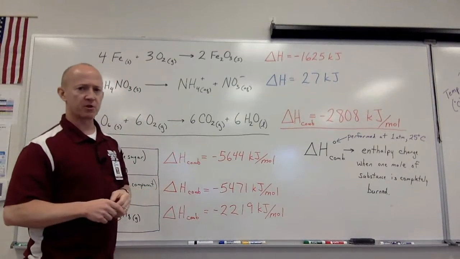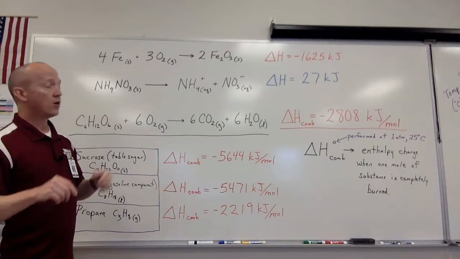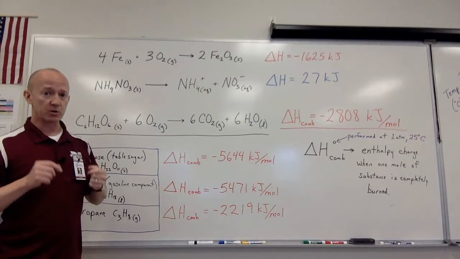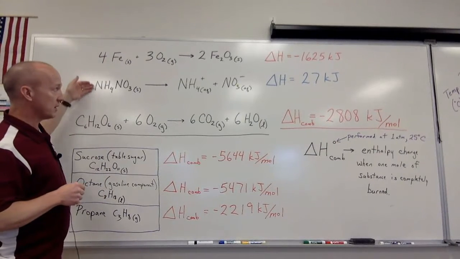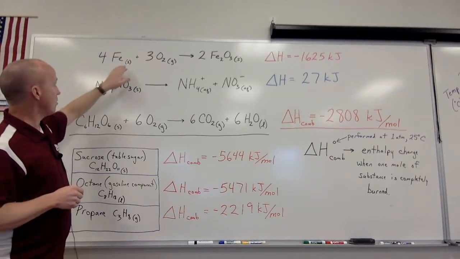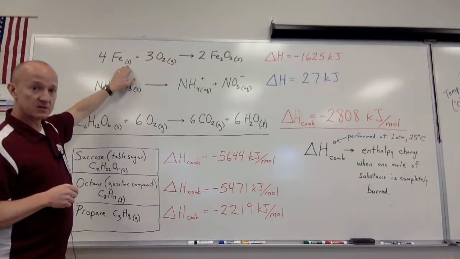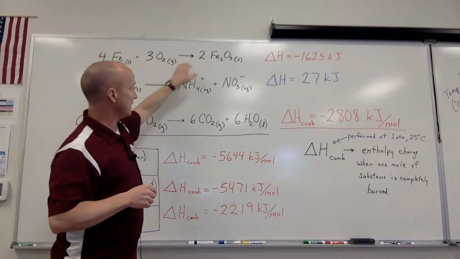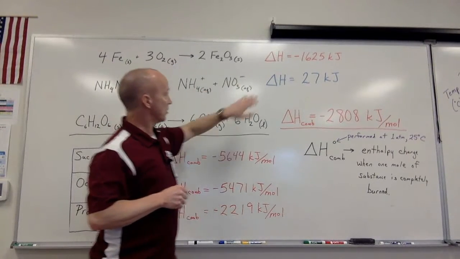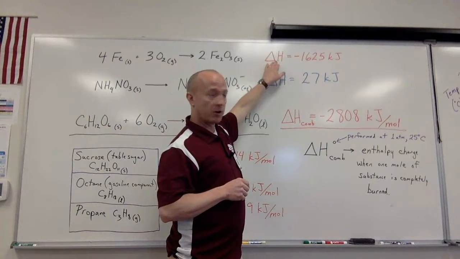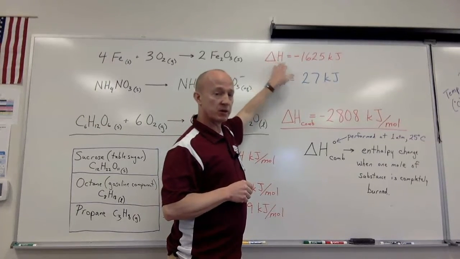Now, I'm going to show you a third type of what we call thermochemical equation. That's what these are, thermochemical equations. They show not only the state of matter involved with each of the components, but also the heat involved as well, the enthalpy involved with this reaction.